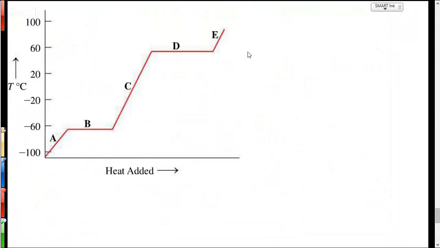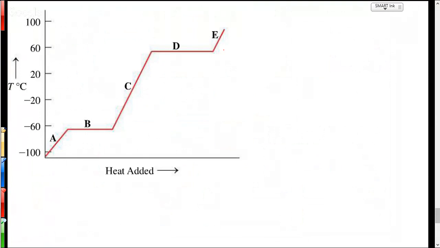At the following temperatures, this is what the book asks, is chloroform a solid, liquid, or gas? So at minus 40 degrees C, what is the state of chloroform? At minus 40 degrees C on this graph. It's a liquid, right? So if you saw a question like this on the quiz or exam, one thing you might want to do is just start labeling it, because it always goes in order.